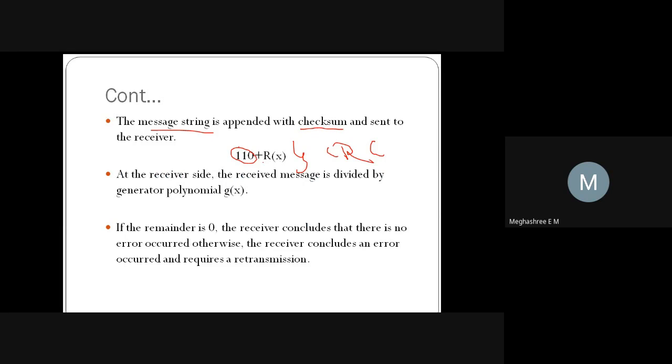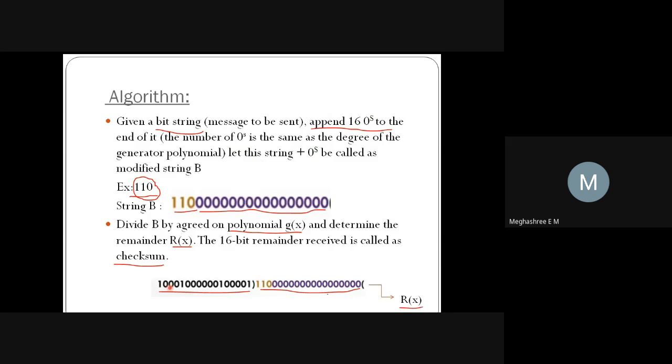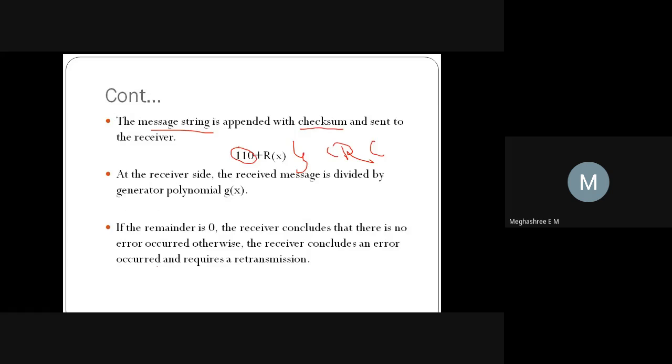Do remember, after performing the division operation here, whatever remainder you get, we call it the checksum, not the quotient but the remainder. This checksum you have to append to the data, that is 110.